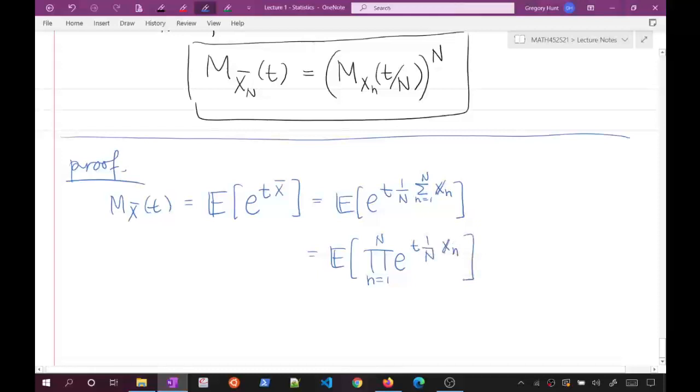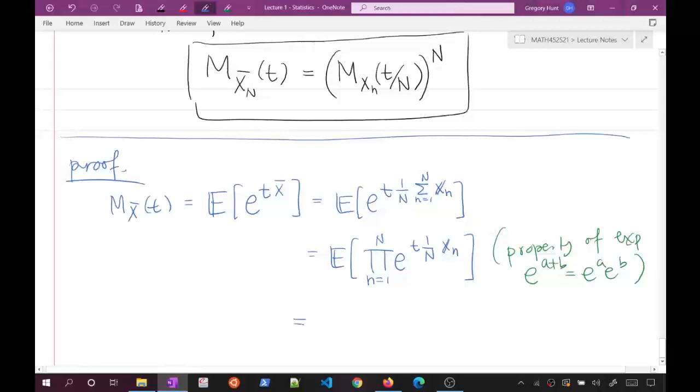So that's just using a property of exponential functions, which is that e to the a plus b is e to the a times e to the b. And so if I have e to a sum, I can write it as a product of exponentials. You can sit and think about why that's true. That is true. Some algebra.